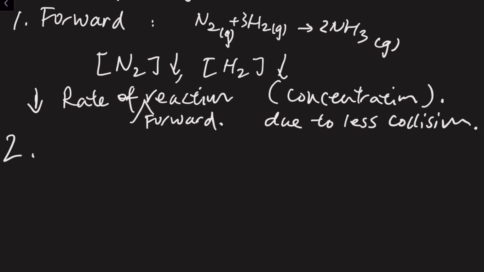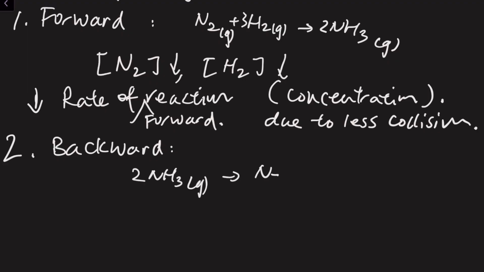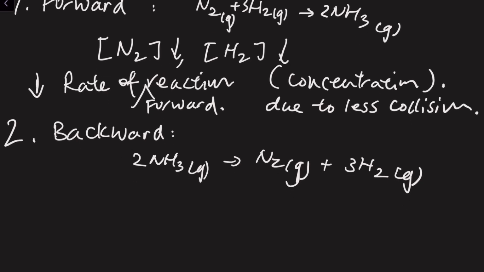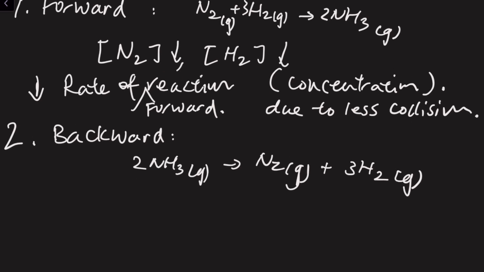We also have another interesting thing going on. We also have a backward reaction. So this is actually the reverse. So ammonia molecules collide and then they turn into nitrogen gas and hydrogen gas again. And this is entirely possible if you recall the collision theory.